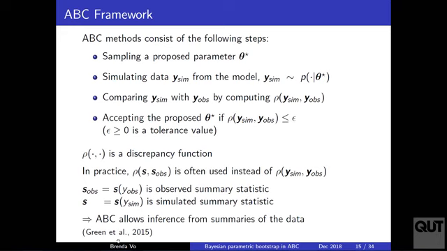The nice thing about ABC is that we can perform the inference just based on the summaries of the data, which is really nice in my case, because if you use the untouched data, you may have 20,000 or more individual cells. Whereas if you use the summary statistics, it's a much smaller dimension.